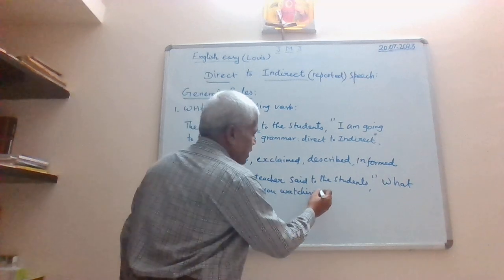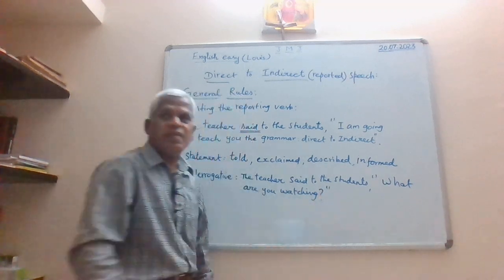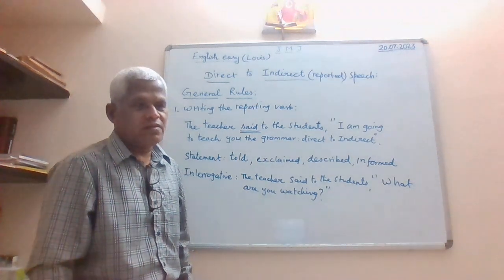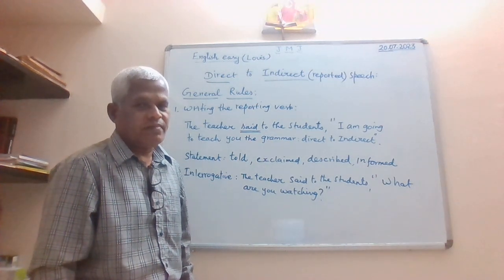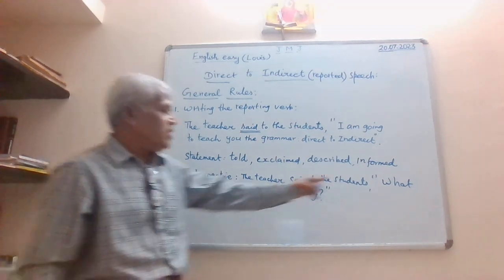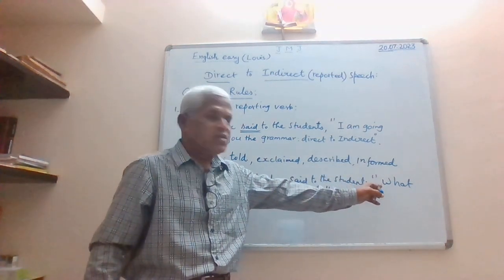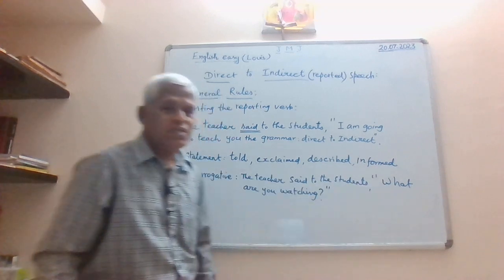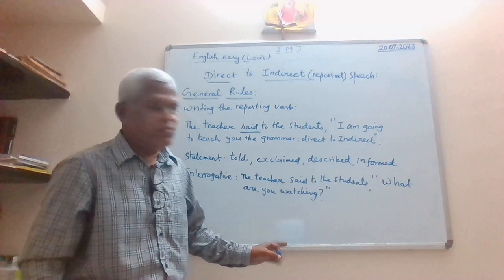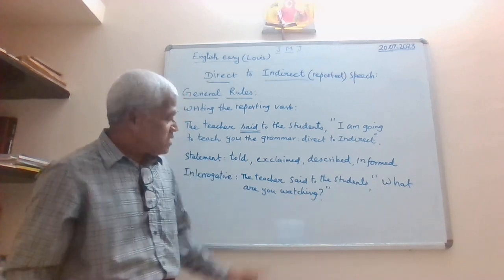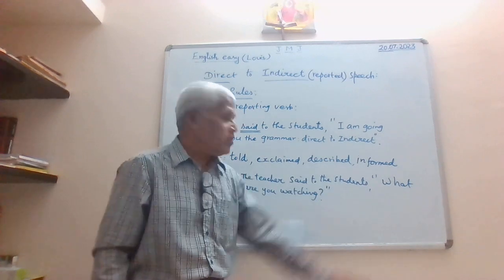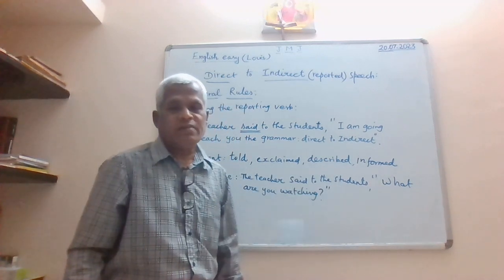Okay? Now what is the sentence here? You have the group of words written within the inverted commas, and this is direct speech, and this is an example of an interrogative sentence that begins with the WH question word. So your question word is what here?